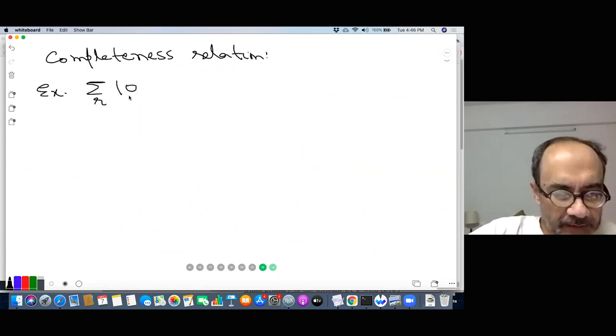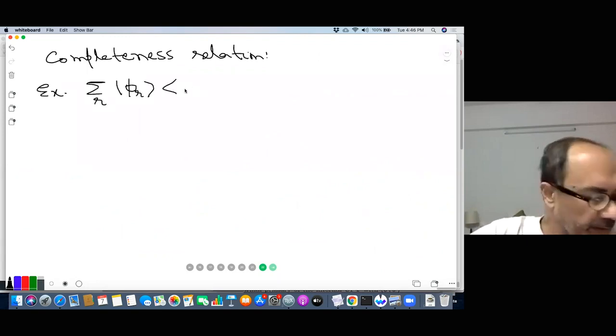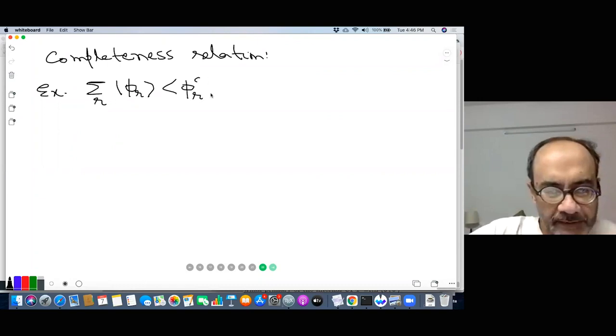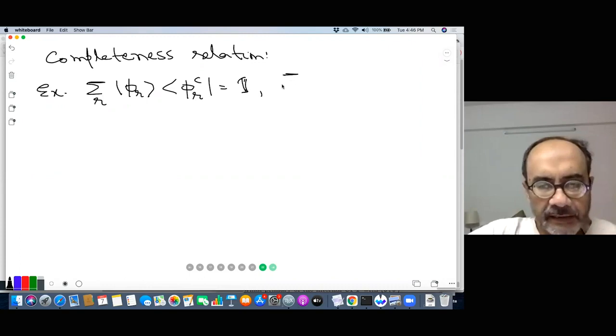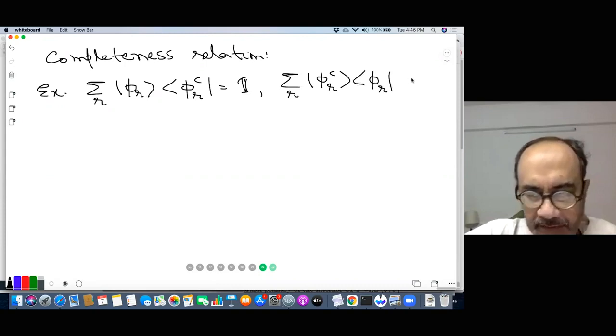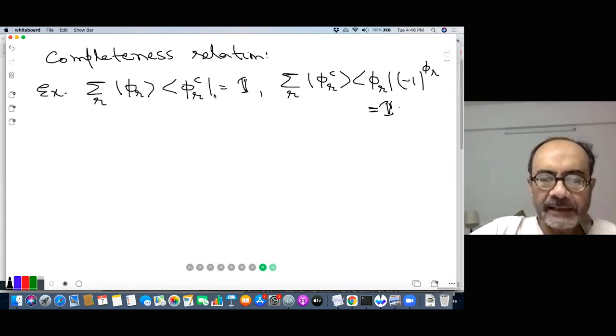Sum over R phi rc, phi R is identity, and sum over R phi R C, phi R, minus 1 to the phi R, is identity. These are easily proven by applying this on some basis state phi s and showing that you get phi s on both sides.